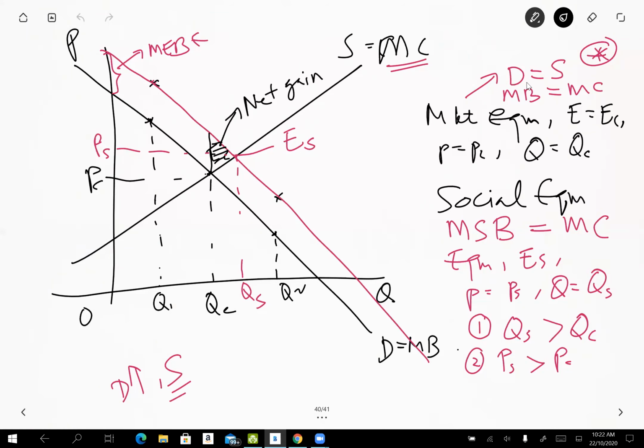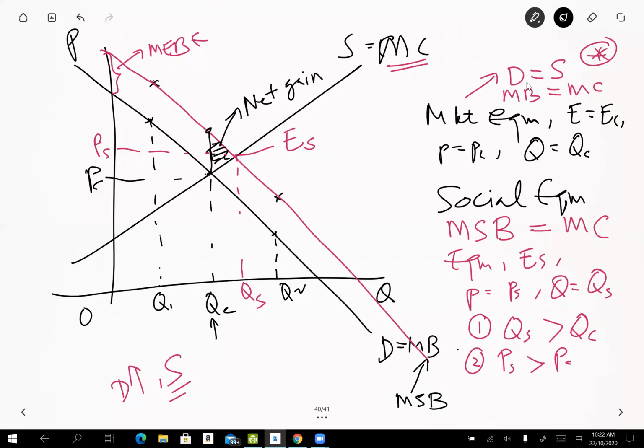That means you compare the MSB, the marginal social benefit, and then you compare it to the marginal cost. So at QC, what can you say about the marginal social benefit? That means the additional benefit to the society, and the marginal cost.